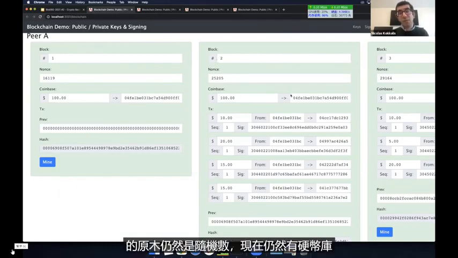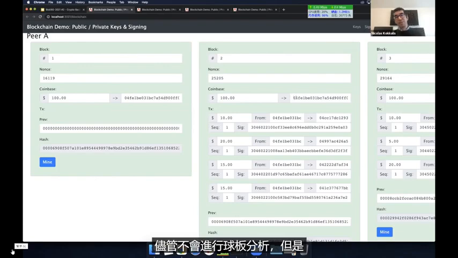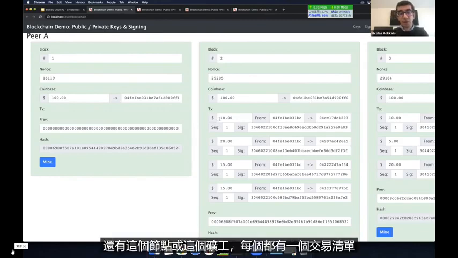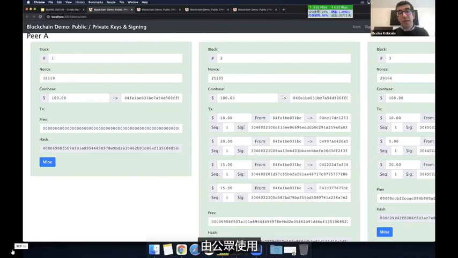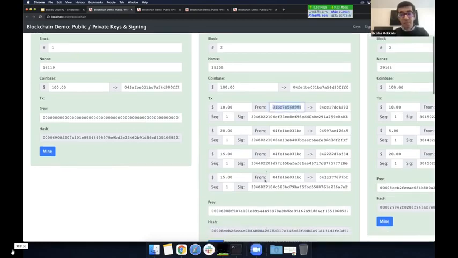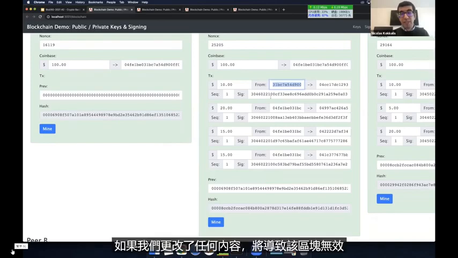Now the Coinbase though is not going to a Bob or an Alice, it's going to the public key that this peer, or this node or this miner, has chosen. And there's a list of transactions, each of which is signed using the private key of this public key over here. And if we changed anything, it would make the block invalid.